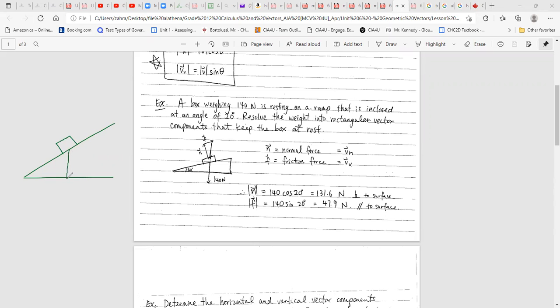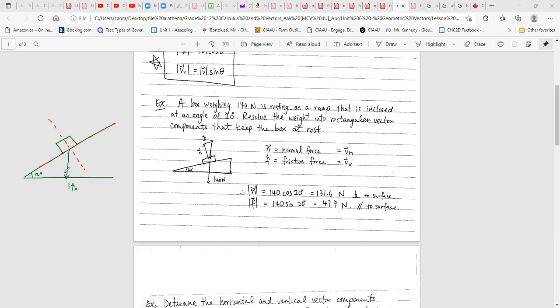The weight is downward, so this is 140 Newton. If this is 20 degrees, for my x and y axes, I put the y axis perpendicular to the surface and the x axis parallel to the surface.